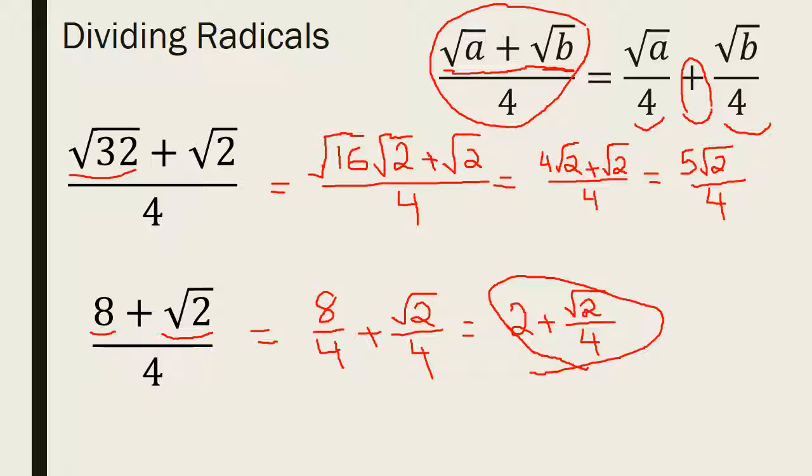And when dividing radicals by a rational number, if we have two terms added together and we cannot simplify the top of the fraction, we can break down the fraction into two parts and simplify it as much as we can.